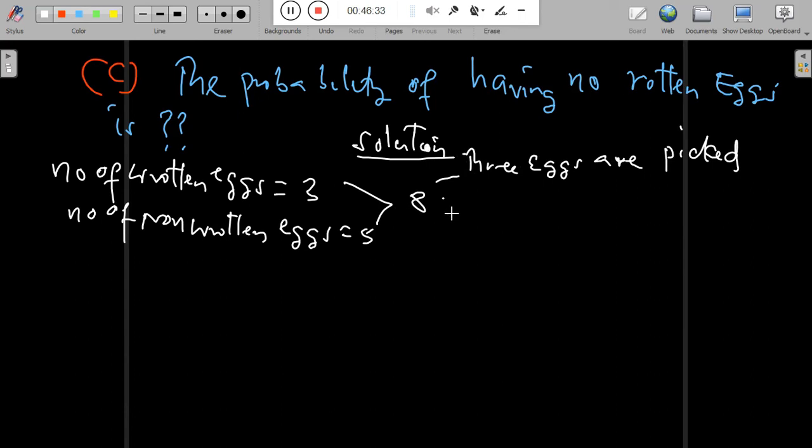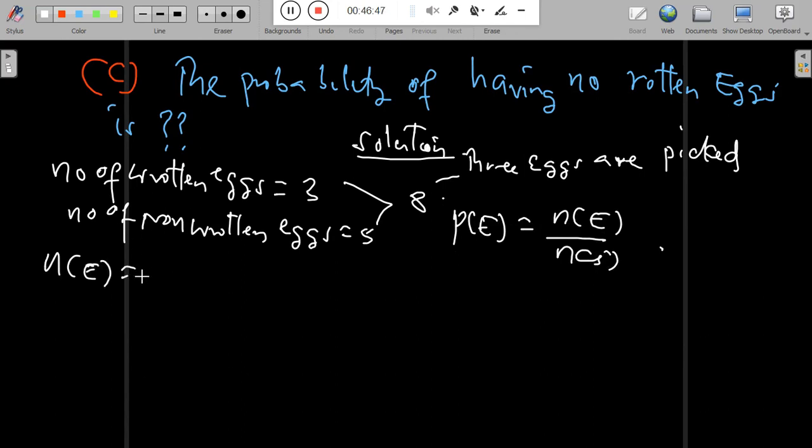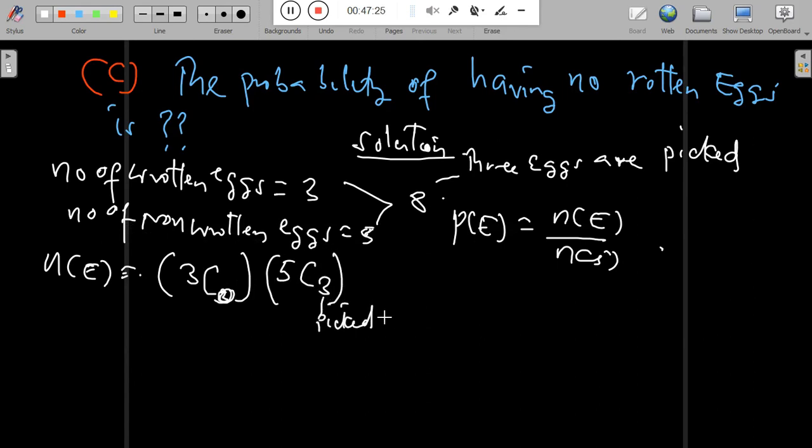The number of events over the total number of sample space: the number of events will be equal to 3 combination 0. This means that on the side of the first group of rotten eggs, we do not consider taking anything, since we are not dealing with rotten eggs. We are dealing with all eggs being non-rotten. So we take 5 combination 3 on the second group, since it's the side of non-rotten eggs.